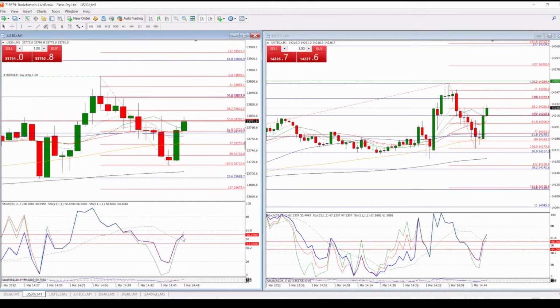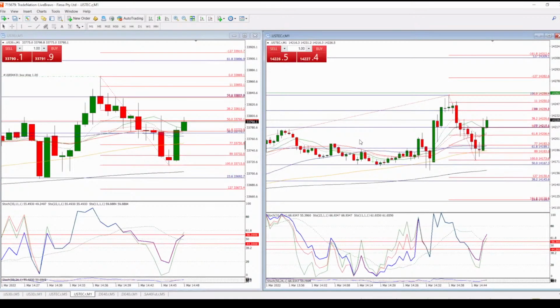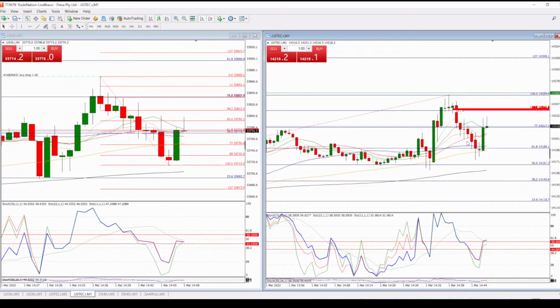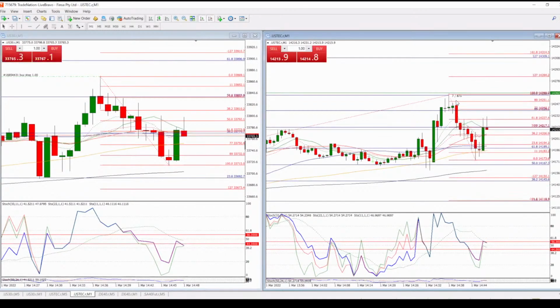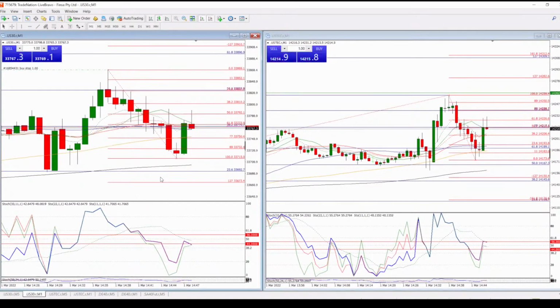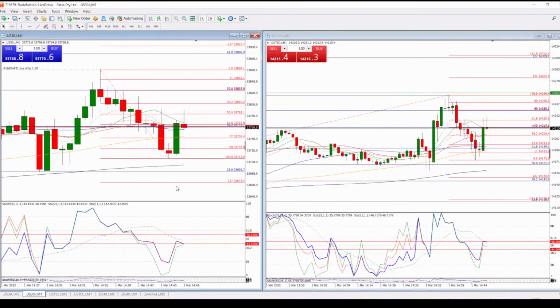Got that stochastics up to 50 now. As I said, we have that 50% retracement on Dow. On US Tech, got about 61% retracement there on the extension fib. Extension fib is valid.